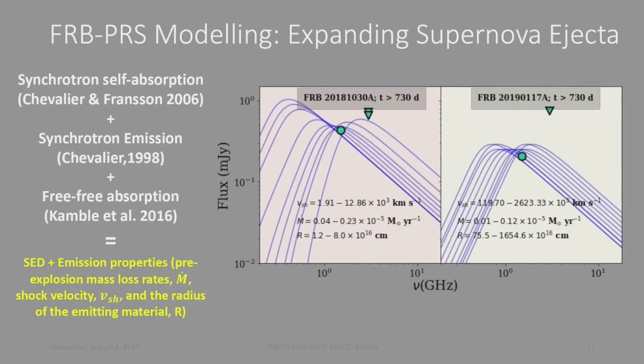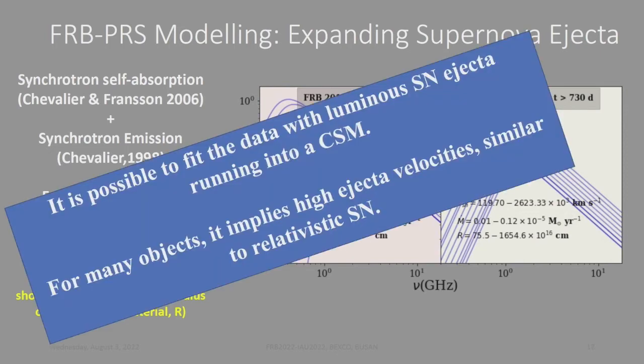In that case, the shock velocity, as you can see, is quite large. Now, this rules out any kind of normal supernova and superluminous supernova. Instead, this is looking relativistic. And so we argue that this could be consistent with a relativistic supernova or even gamma ray bursts. So we see that some of our PRS candidates could fit luminous supernova ejecta running into a CSM. CSM is the circumstellar material, and for some of our objects, it implies high ejecta velocity, similar to a relativistic supernova.